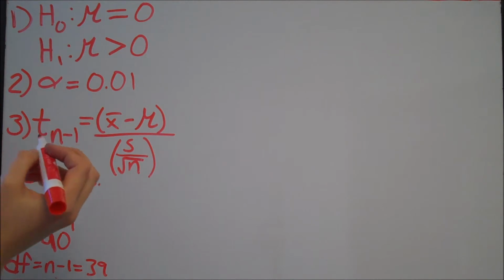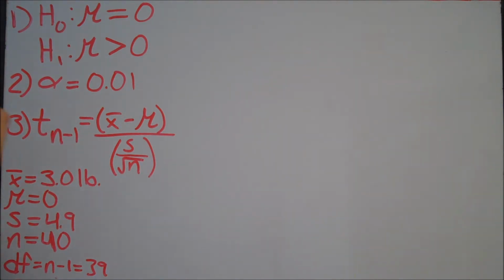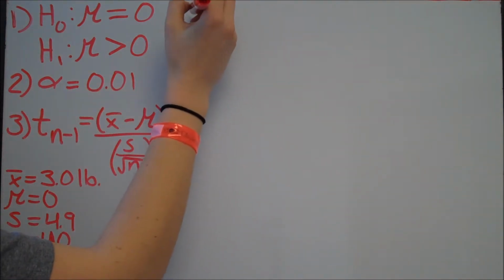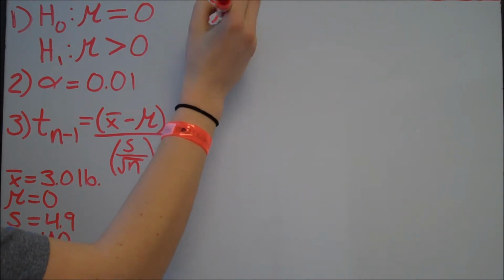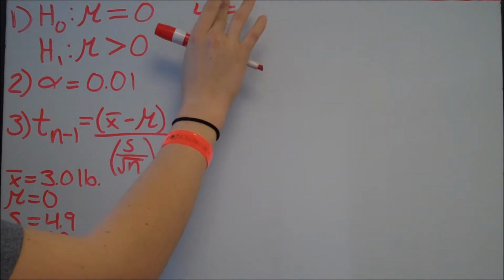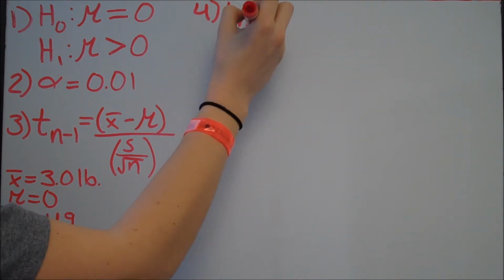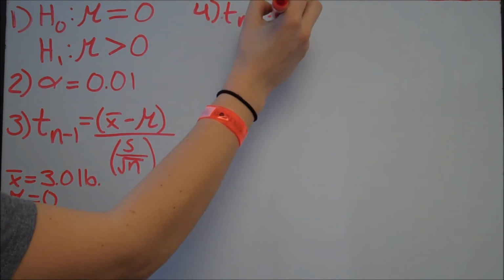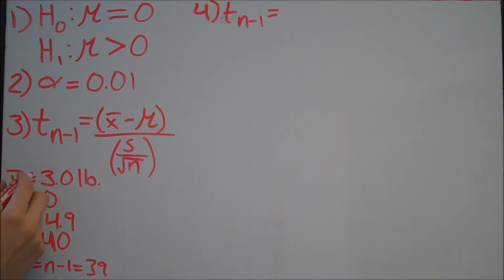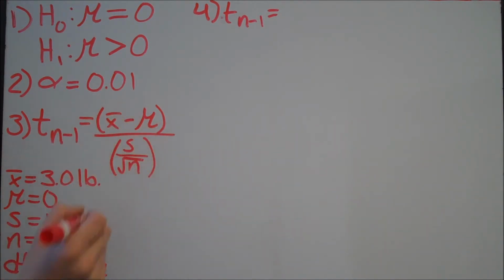The fourth step is to find our test statistic, t sub n minus 1. We just plug in these numbers for the correct variables.